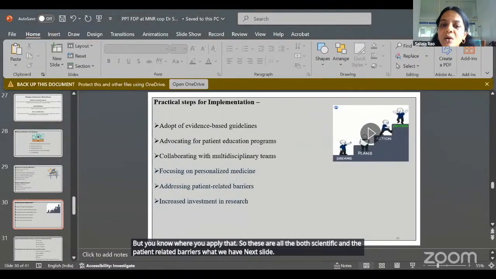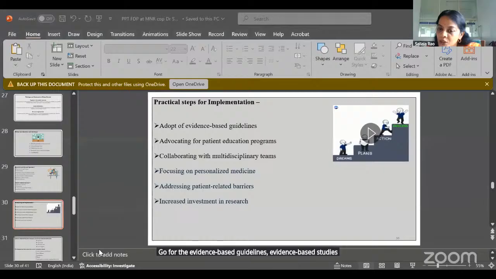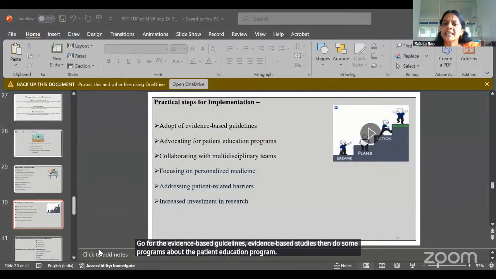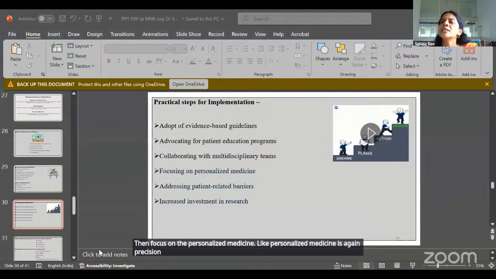Practical steps that we implement. First, get yourself educated, go for evidence-based guidelines and evidence-based studies, then do some programs like patient education programs, then focus on personalized medicine. Personalized medicine is again precision medicine, like what is suitable for me may not be suitable for you, it depends.